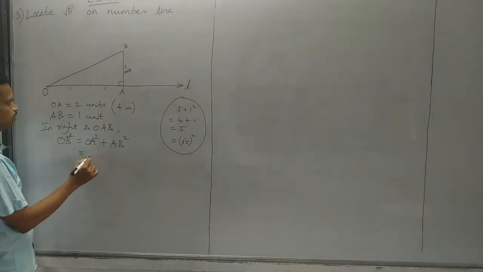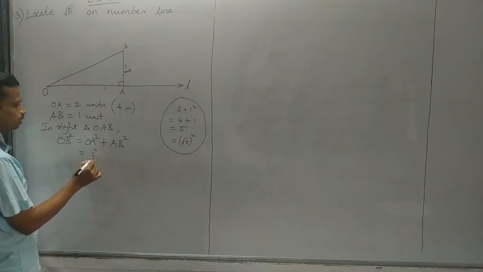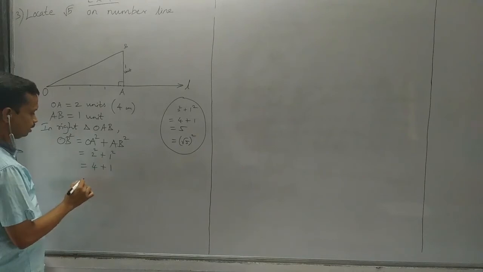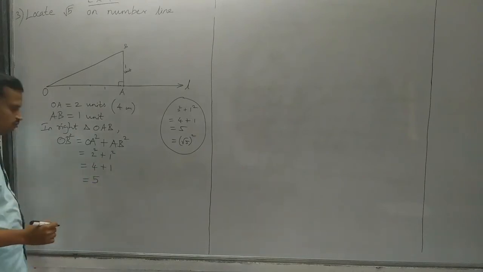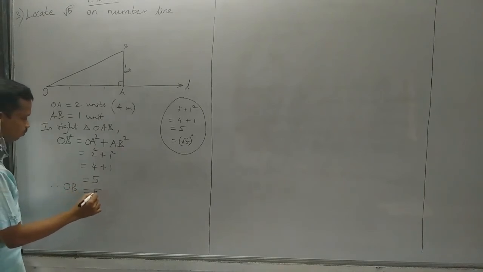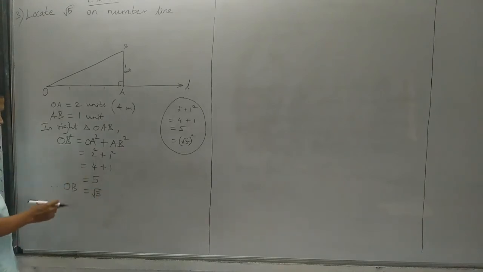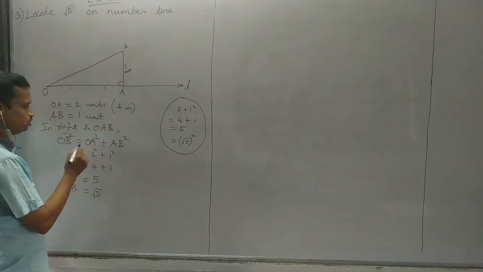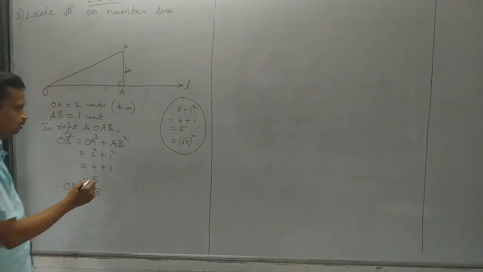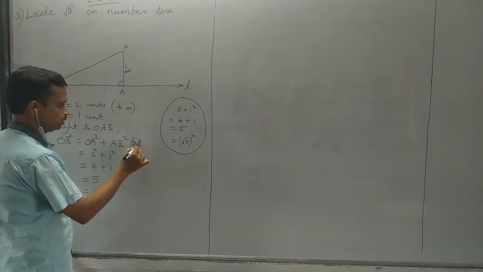So this is nothing but 2 square plus 1 square. This becomes 4, this becomes 1, and when you add, you get 5. OB square is 5, therefore OB is root 5. This is how we write this equation by Pythagoras.